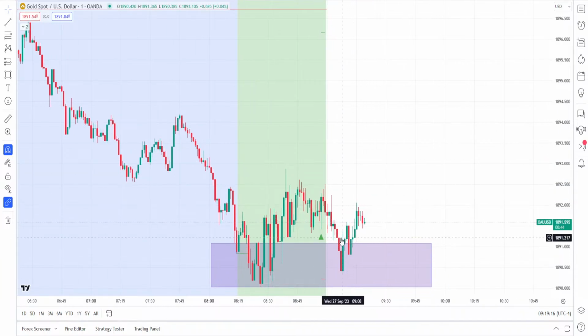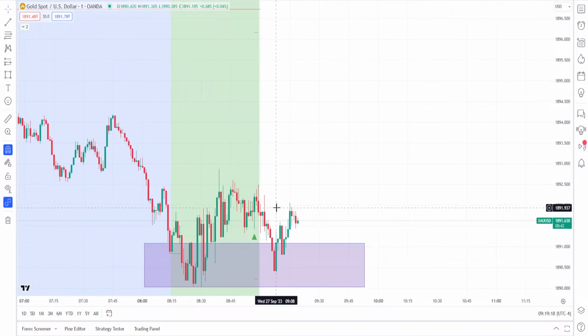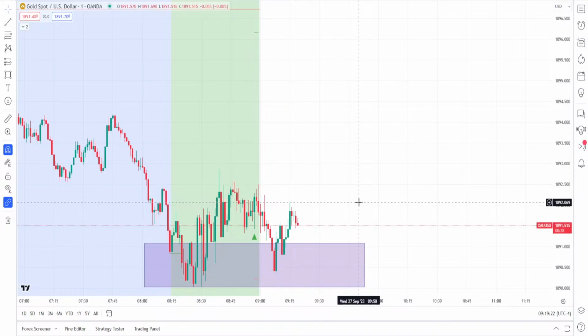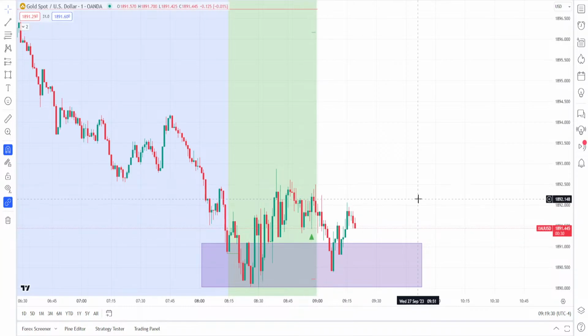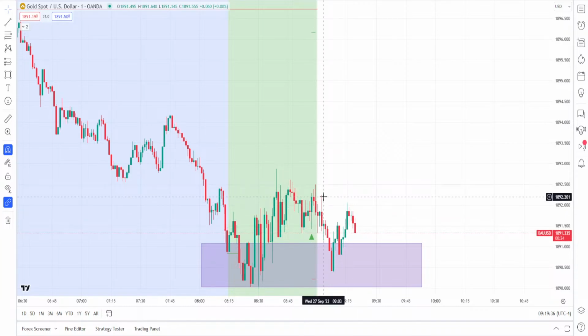Obviously, it's not going to give an arrow here. It only gives an arrow on the first setup, right? Because that's all we take in gold. We take the first setup. Now, if you take this trade, just know that you have a 65, 69% chance of winning. It may not be high enough for you, but it may be enough.